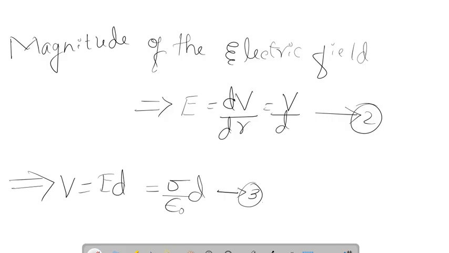But the magnitude of the electric field is given by E is equal to the derivative of potential divided by the derivative of the radius, which is the potential divided by the separation between the two plates, that is d. This is equation number 2. If you rearrange the equation, we get the potential V is equal to E into d. So from equation 1, what is the E value?